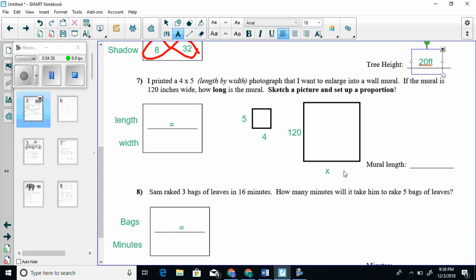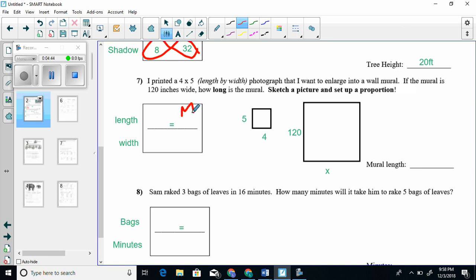Okay, so I'm going to set up a proportion. I'm going to compare my mural to my picture. I know that my picture has a length of 4. It is 4 because they say length by width, so in the picture 4 by 5, it's always length times width.